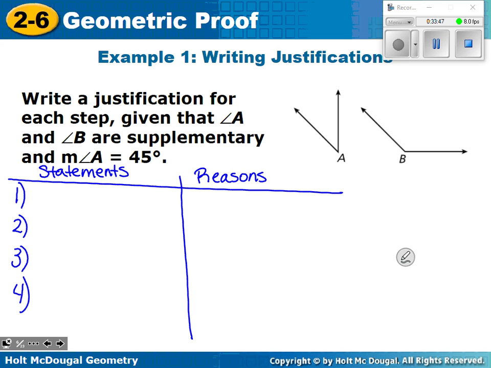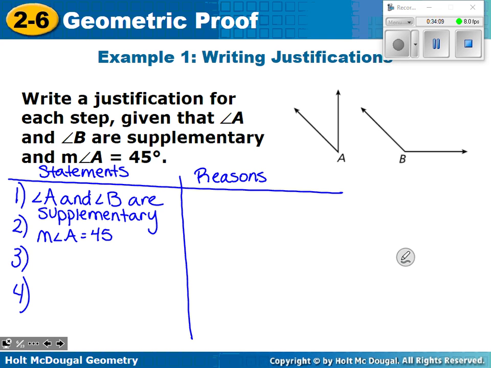Okay, so what is the first statement on your paper? Somebody read that to me. Angle A and angle B are what, I'm sorry? Are supplementary, okay? What's statement 2? Okay. What is statement 3? I'm sorry, equals what? 180. And statement 4?